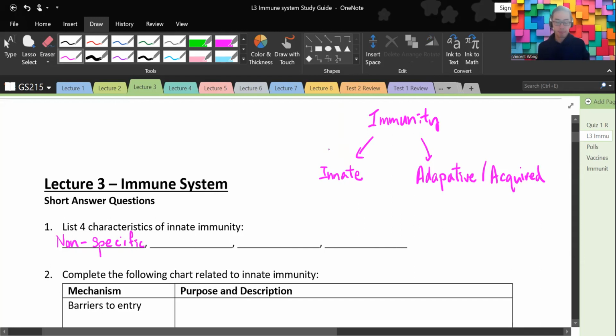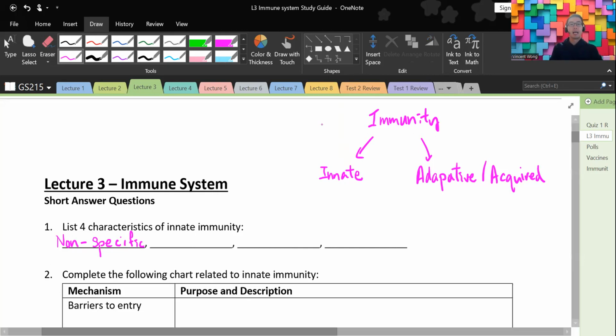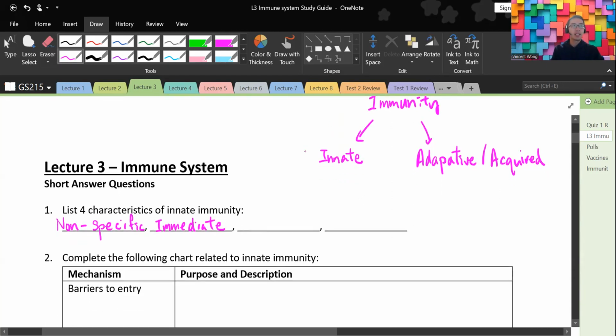But of course, if you are infected with some of the stronger pathogens, more difficult ones to fight off, then innate immunity would not be sufficient. Okay. Another characteristic is that it will work immediately. There is no lag time. It would be able to start fighting the pathogens right away.